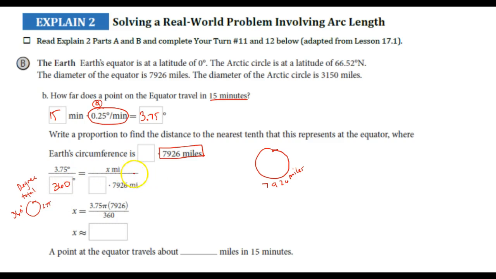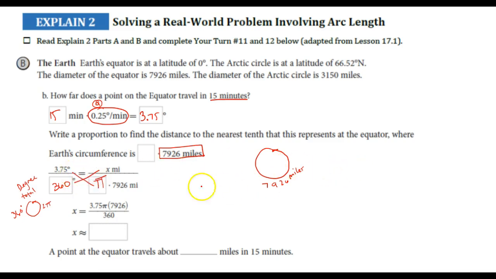Now, x is what I want to know for just that little portion. And we're going to put this over pi. Okay, let's go ahead and cross multiply these.